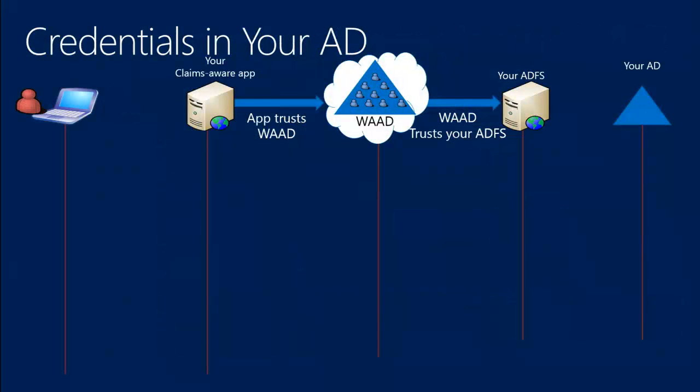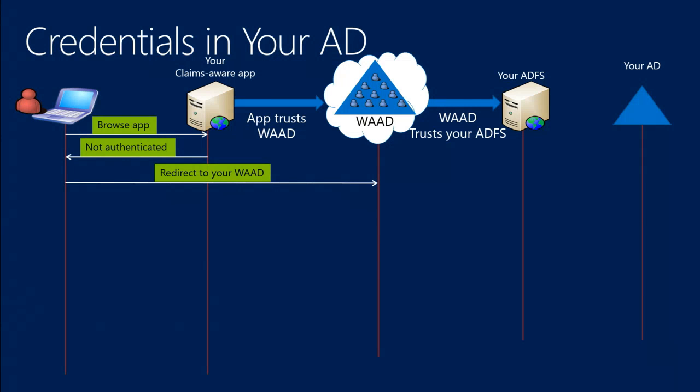You can also use your own Active Directory for authentication, and to do that, you need Active Directory Federation Services. So this time, you browse the app, you bounce back, not authenticated, off to the Windows Azure Active Directory, and it does what's called a home realm discovery. Basically, you start to type your name in, and if that username is recognized by Windows Azure Active Directory as one of the users that directory authenticates, you put your password in, and you authenticate.